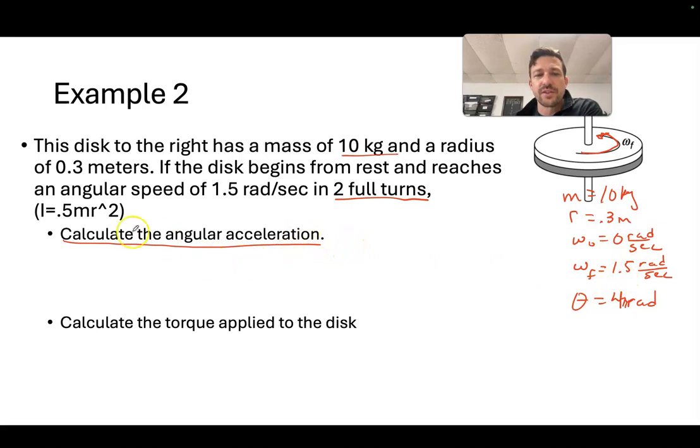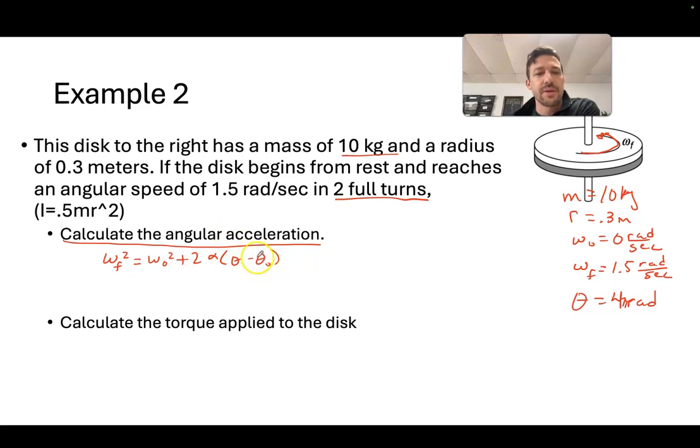If we're looking for angular acceleration, that means you're going to be choosing between those 3 angular kinematics formulas. Just like the kinematics formulas on the front of the board, but we're going to use them with the angular stuff. Thinking off the top of my head, I think the one you would probably use is omega f squared equals omega naught squared plus 2 alpha times theta minus theta naught.